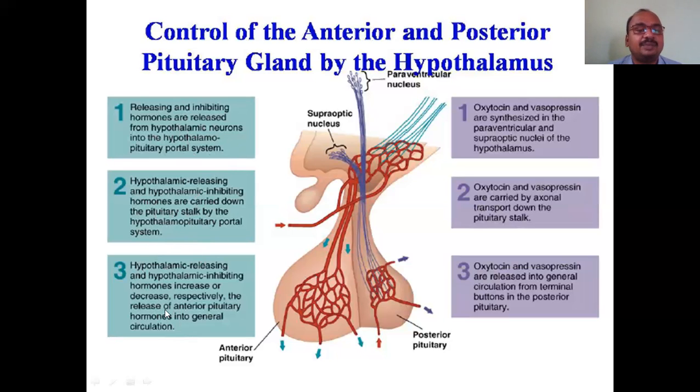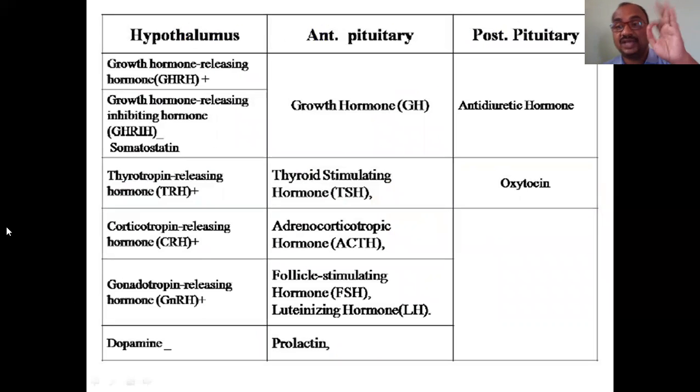Like that it will be controlled. Here you can see the hypothalamic releasing hormone. These are hypothalamus hormones. And here are the anterior pituitary gland hormones. The posterior pituitary gland releases hormones, not synthesizes them. Anti-diuretic hormone is also called vasopressin, and oxytocin.